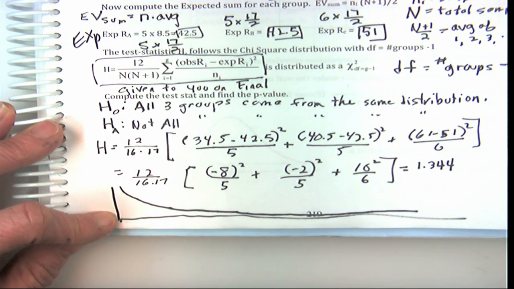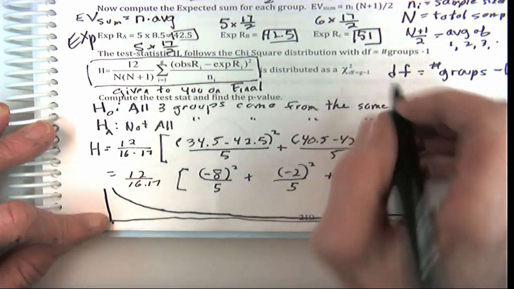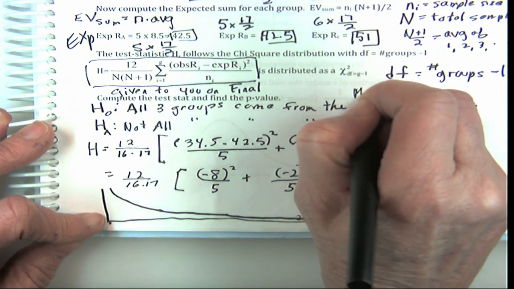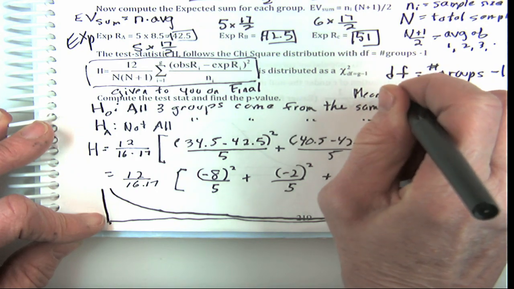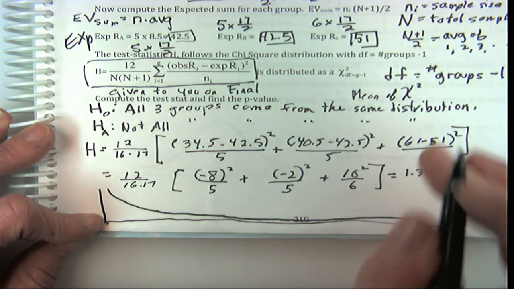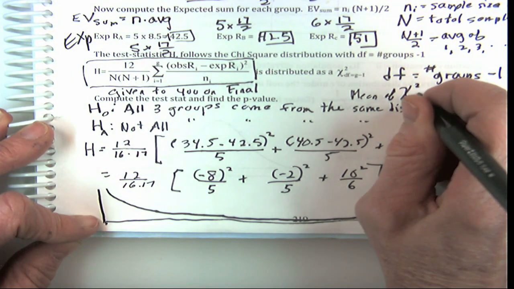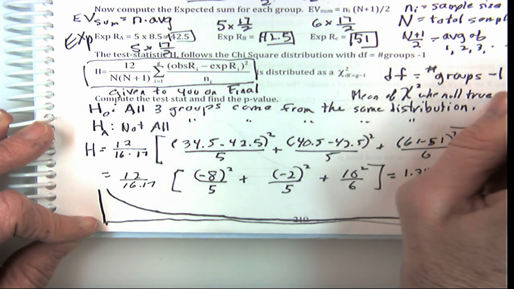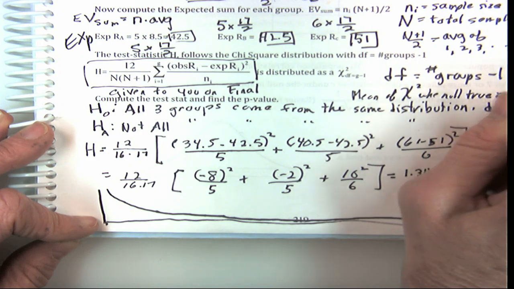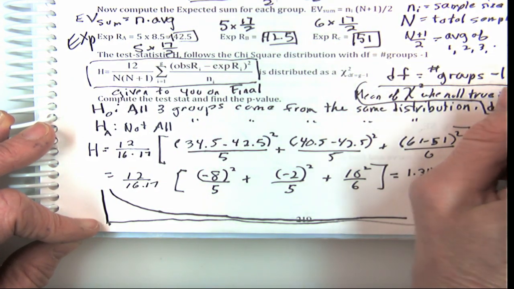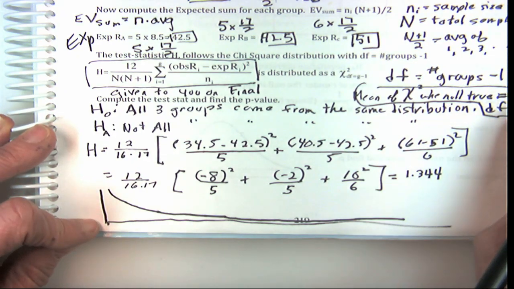And you should just know, let's write it down here just so you remember, that the mean of the chi-square distribution when the null is true and nothing's going on is equal to the degrees of freedom. In this case, it's 2.